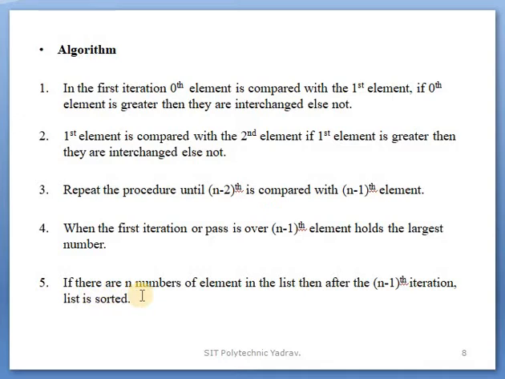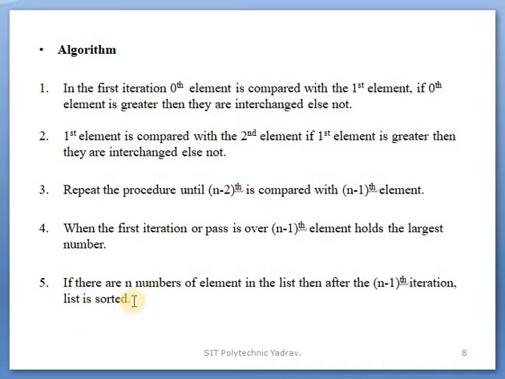If there are n elements in the list, then after n minus 1 iterations, the list is sorted. Clear? It means how many iterations or passes are needed for n elements. For example, if n is 5, meaning 5 elements in the list or array, then n minus 1 means 5 minus 1, which is 4 iterations or 4 passes, and the list is sorted.